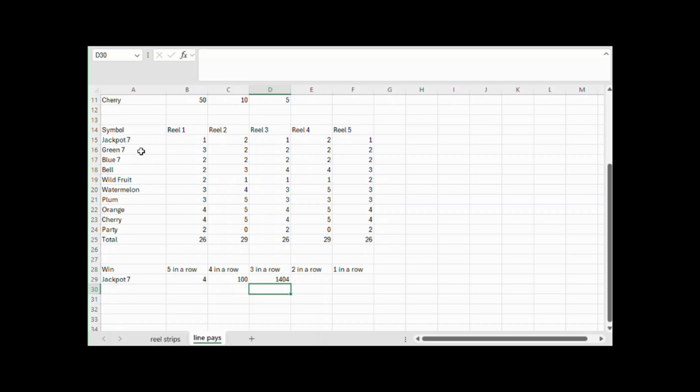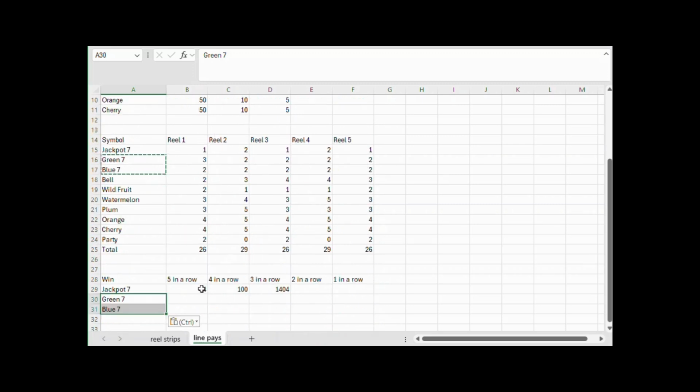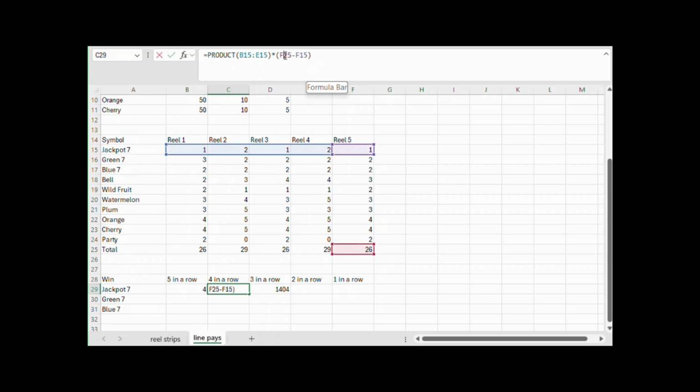So next let's look at the green 7s and blue 7s. So let's copy and paste down those wins. And the math there is going to be much the same. I'm going to put in a $ here so that when I copy and paste this formula, it's not going to change that row 25 for the total number of symbols.